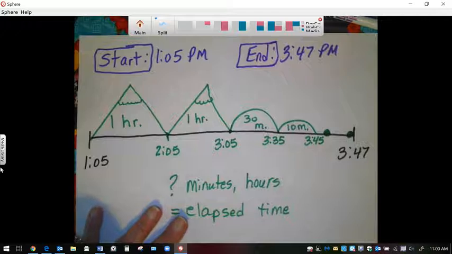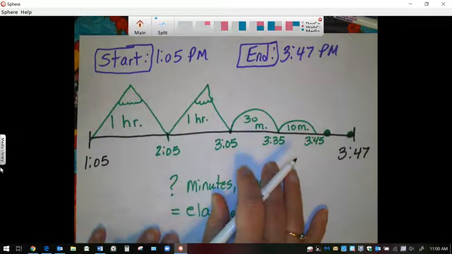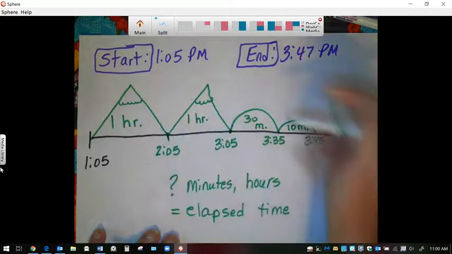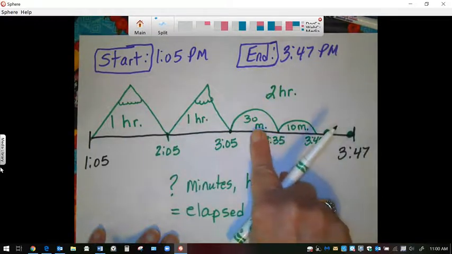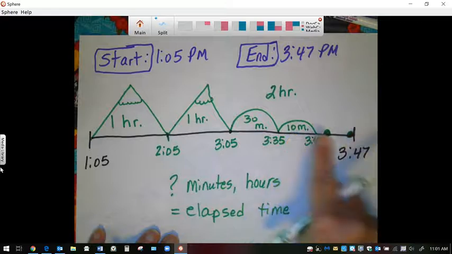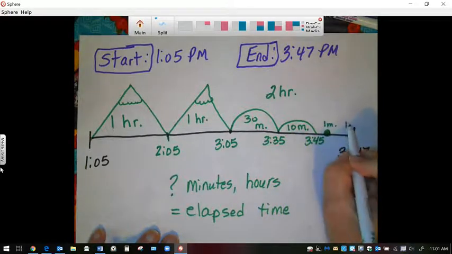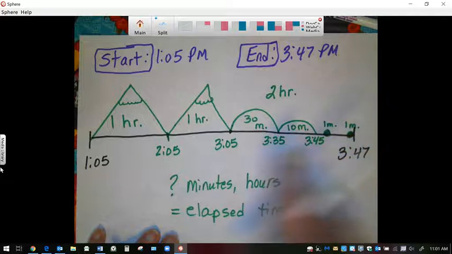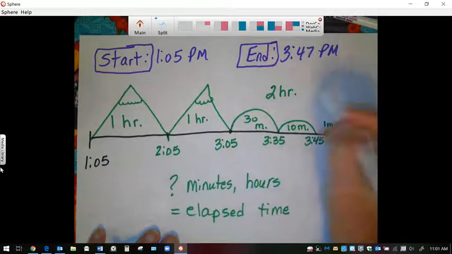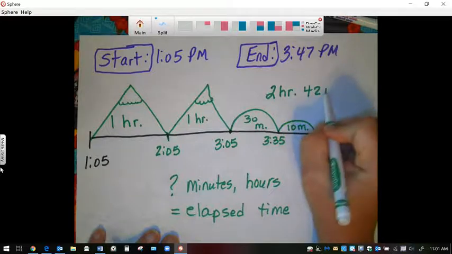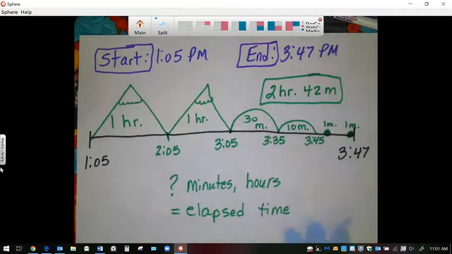Okay, so now we just have to add up the time, and we've got 1 hour, 2 hours, and 30 minutes, 40 minutes, 41, 42, because these rocks are each represented as 1 minute. So the elapsed time is 2 hours and 42 minutes.